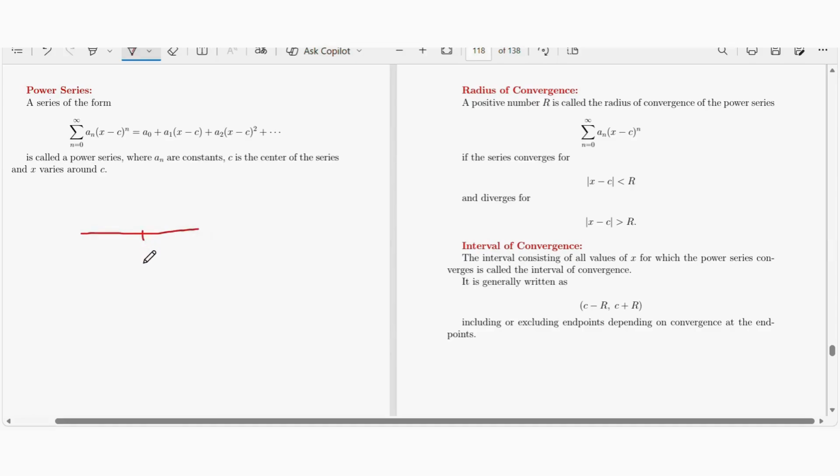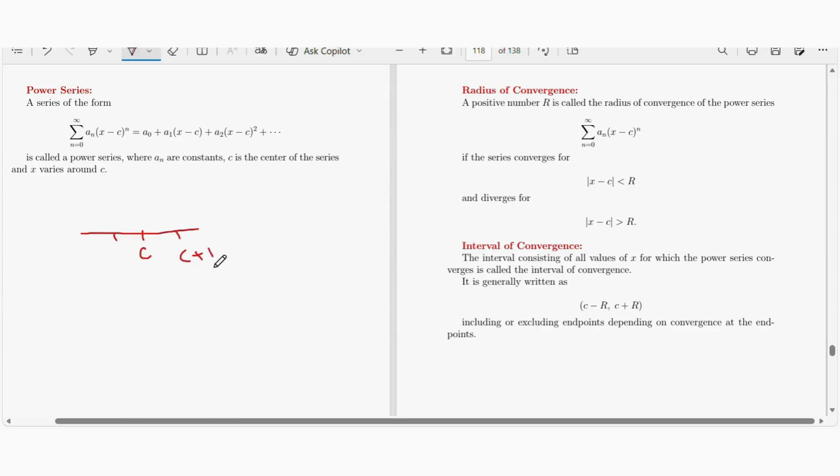Now, what is c? C is the center, okay? And what is x? X varies around c. Suppose x vary in very nearer interval of c. Okay, so this distance is what? This distance is suppose r.